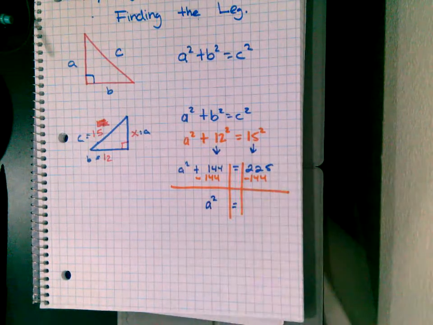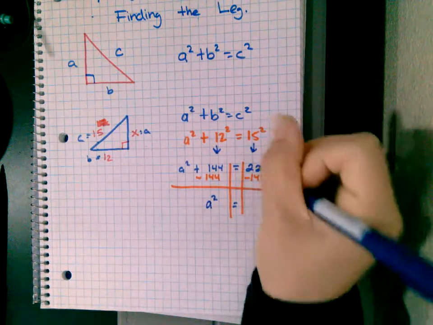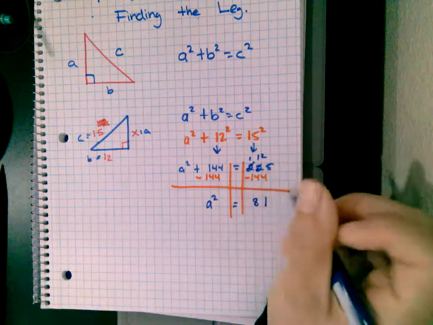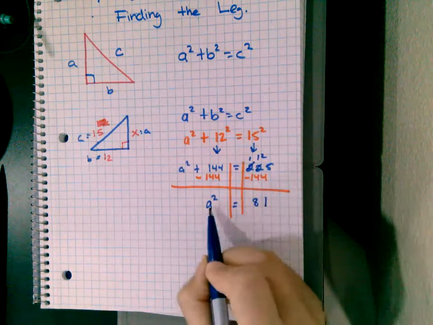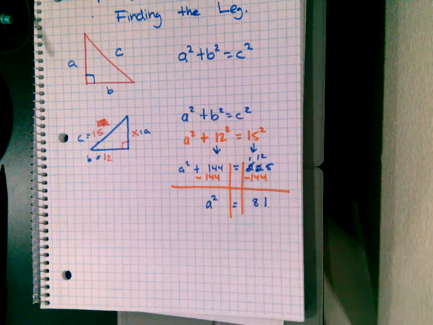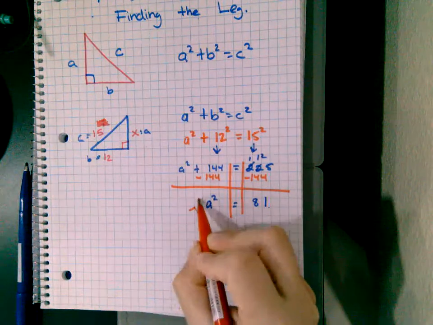Then we subtract this side: 5 minus 4 is 1, 12 minus 4 is 8, and 1 minus 1 is 0. So A squared equals 81. Is that my answer, 81? Nope. There's one final step, which is to take the square root.